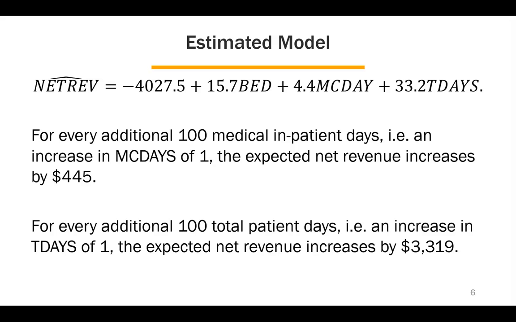And then same thing if we're looking at the total patient days. If we had an additional 100 total patient days, that means the variable T days goes up by 1, and the expected net revenue increases by $3,319. That looks like $3,320, but again, being more precise, the actual regression output is 3,319. And so that's how you interpret, or the meaning of, those coefficients.